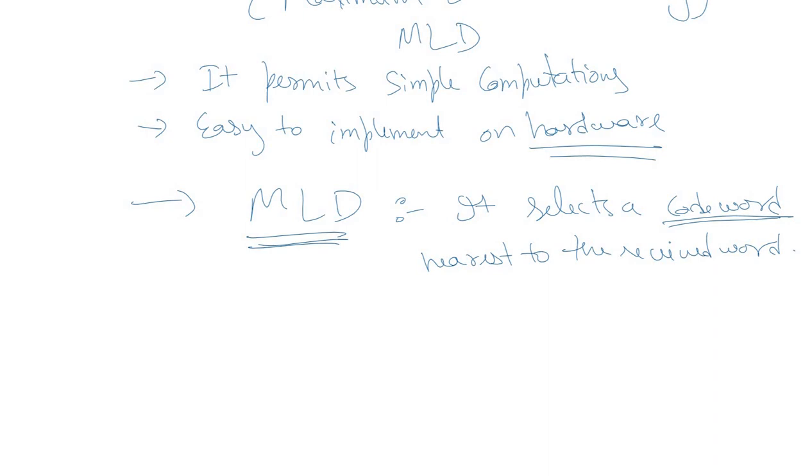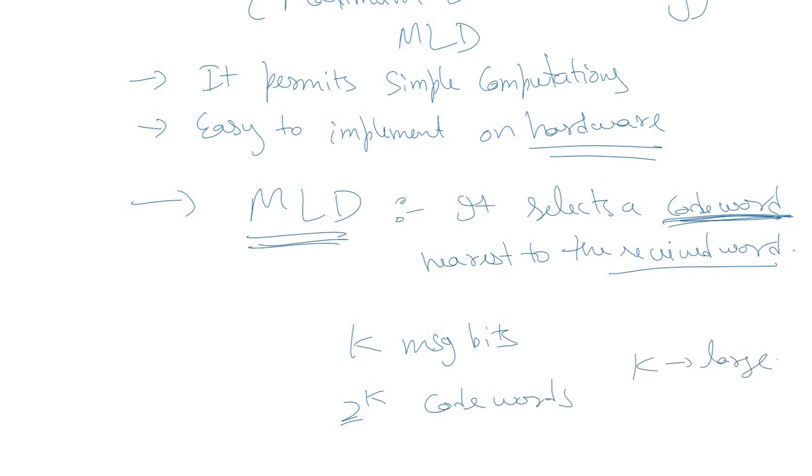Okay, but if the number of code words is large, then it will be a really complex situation for us. That means we have to compare the received word with each and every code word. Let's say we have a k bit message block, k message bits, and there will be 2 raised to power k number of code words. If this value of k is large, there will be a large number of code words available.